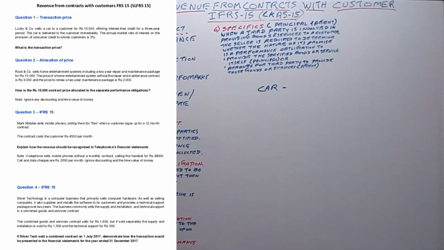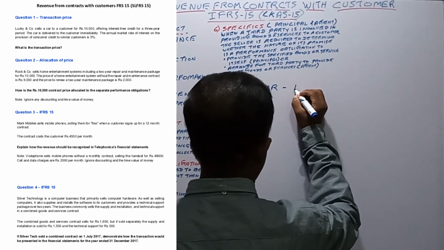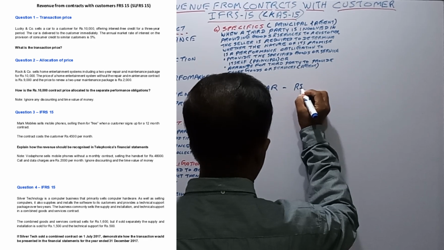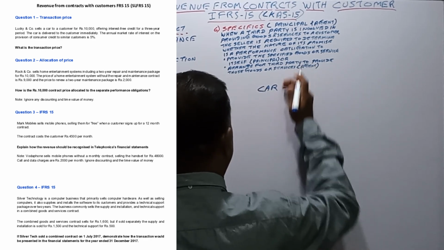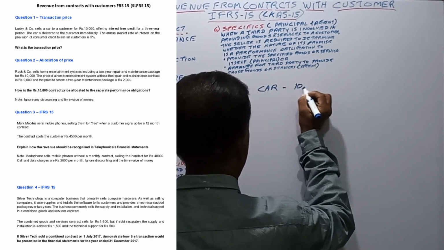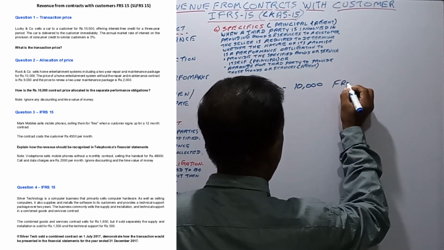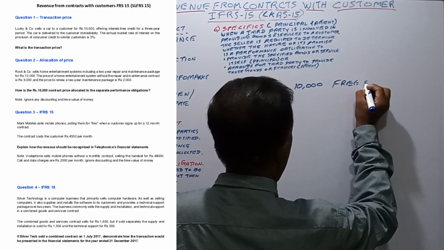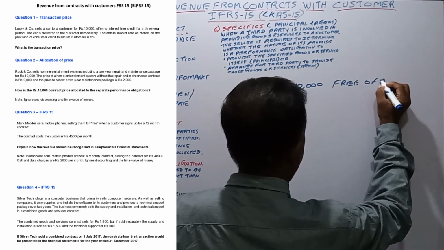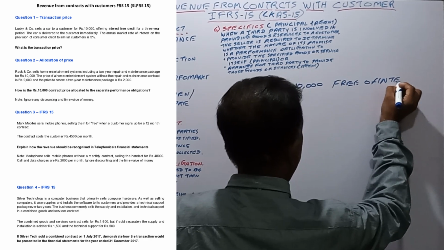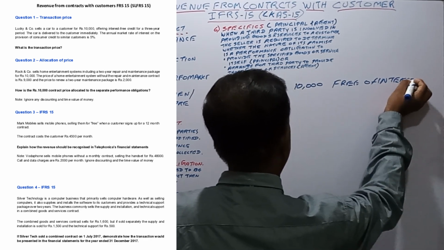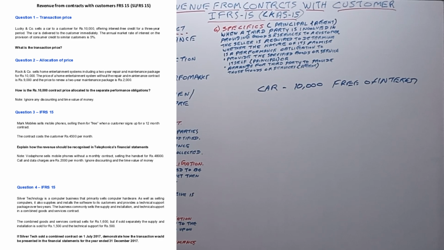He sold the car for 10,000 rupees, free of interest, for 2 years or 3 years.